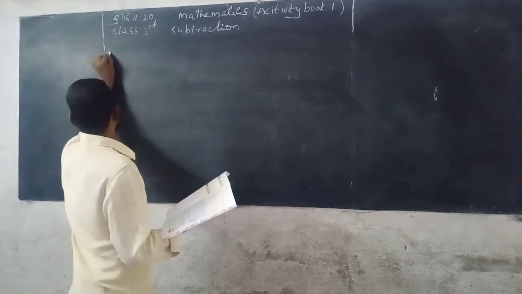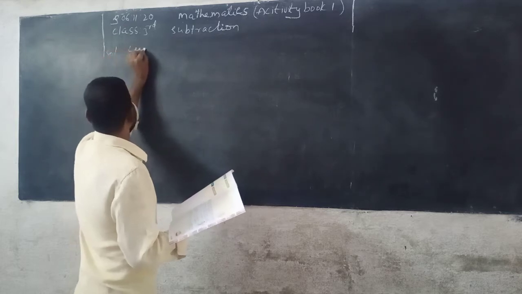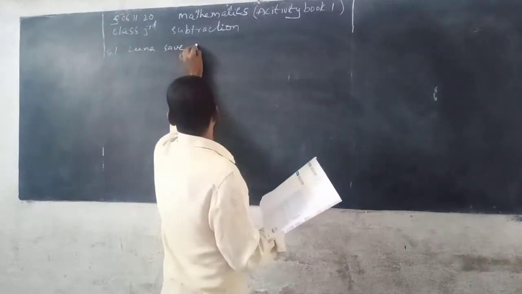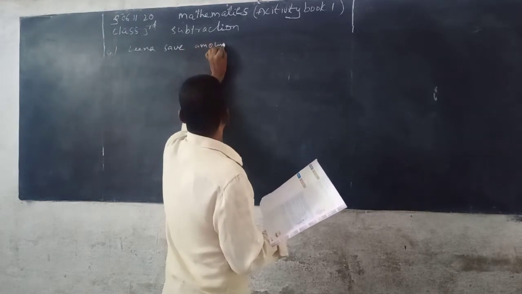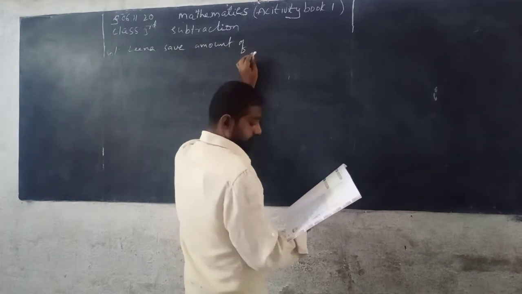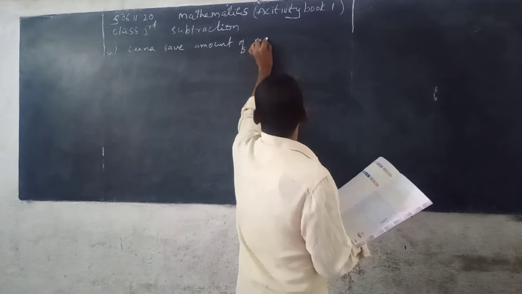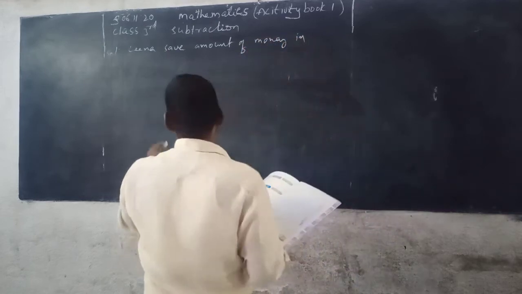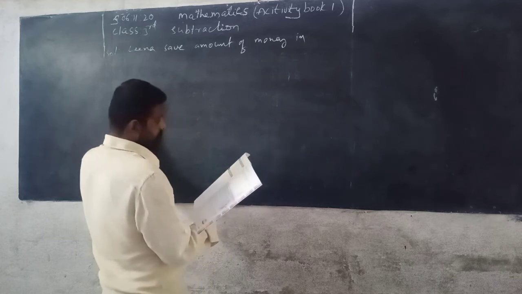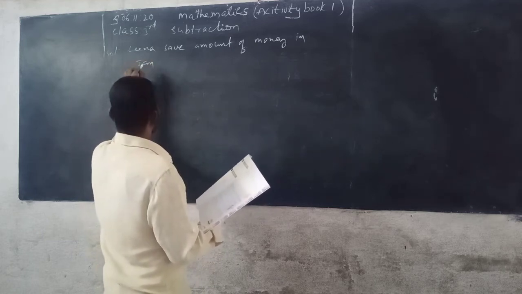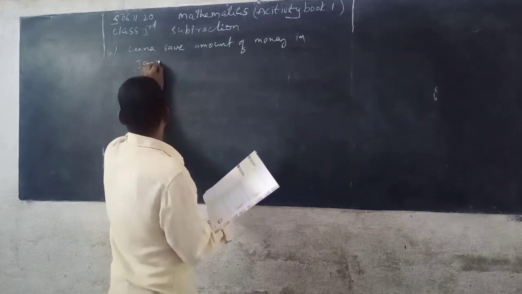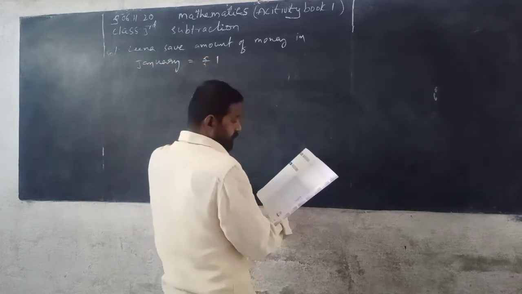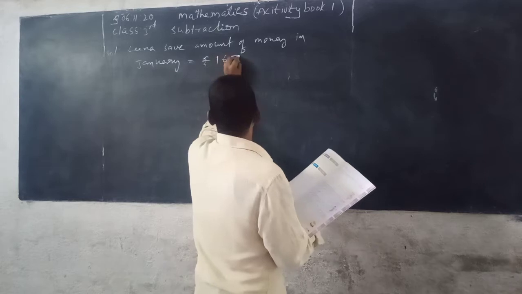Solution. Leena saved an amount of money in January, that is 1650 rupees.